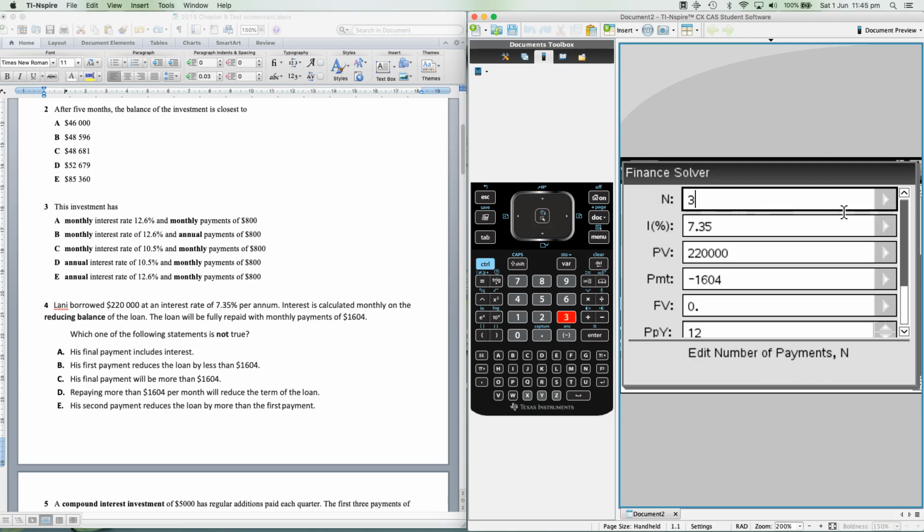So let's do that now and go to the future value, and we press enter. And when we press enter, we see that there's still a small amount that we would owe to the bank of $322. So that tells us that the final payment will actually need to be more than $1,604 to finish paying that loan.